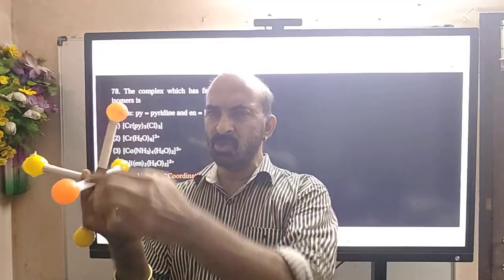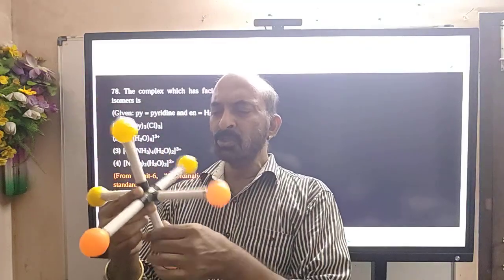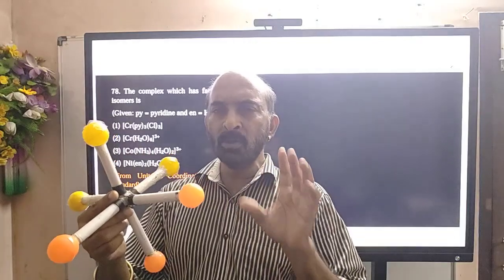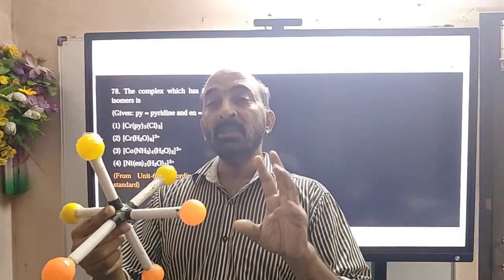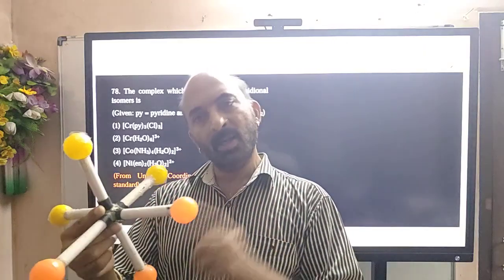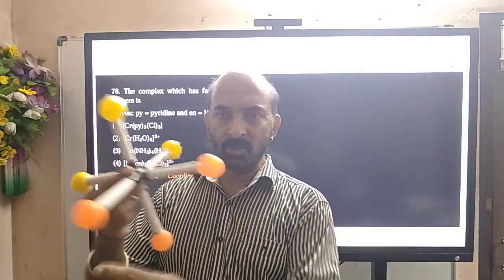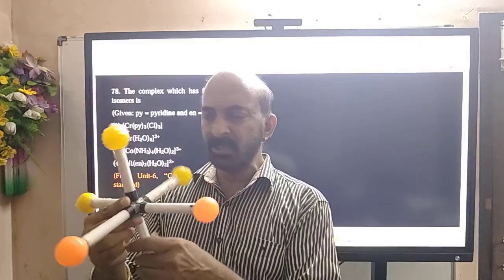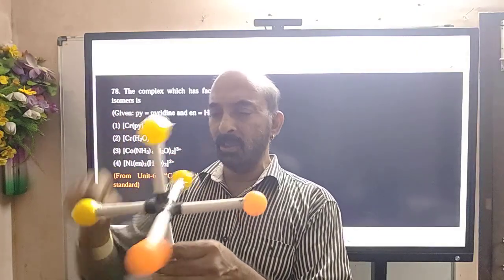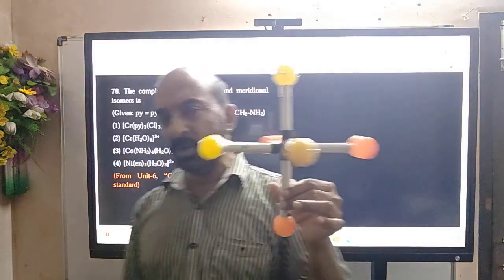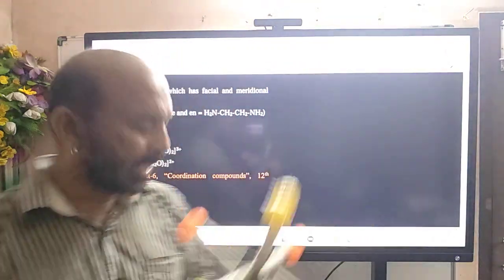C, orange, orange, orange, mutually perpendicular. So, one set of three mutually perpendicular identical groups, and another set of three mutually perpendicular identical groups. Such a structure is called facial, F-A-C-I-A-L.